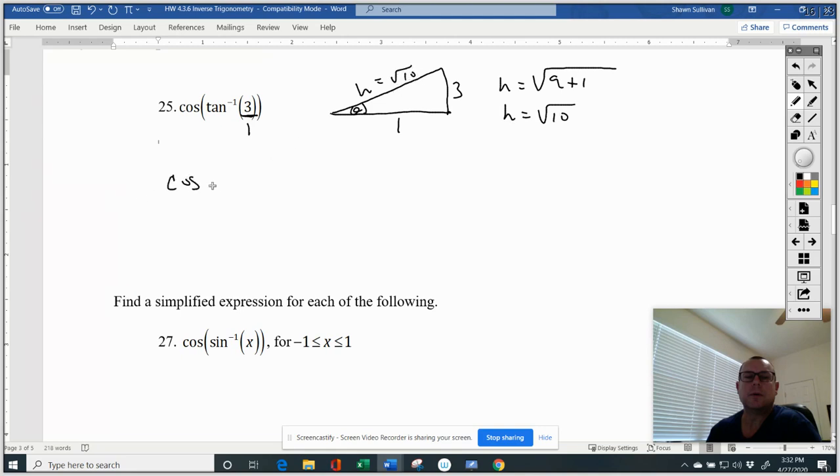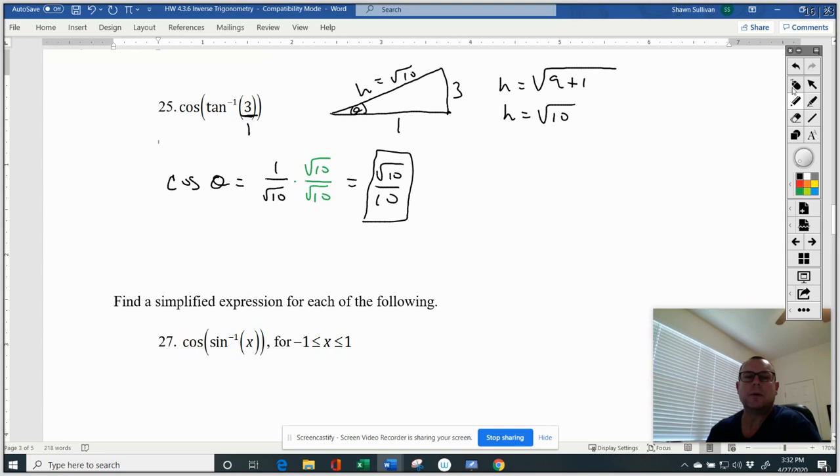So cosine of theta is equal to, cosine is adjacent, 1 over the square root of 10. And we need to rationalize this denominator. So I'm going to multiply top and bottom by the square root of 10 over the square root of 10. And this is equal to the square root of 10 over 10. We're done.